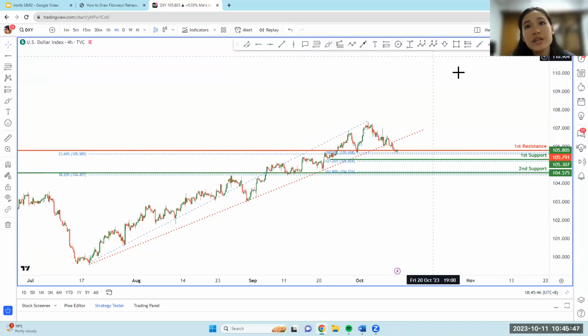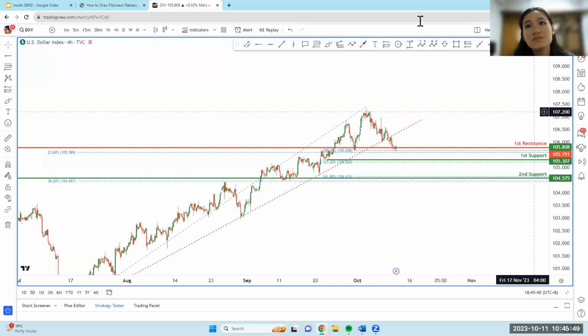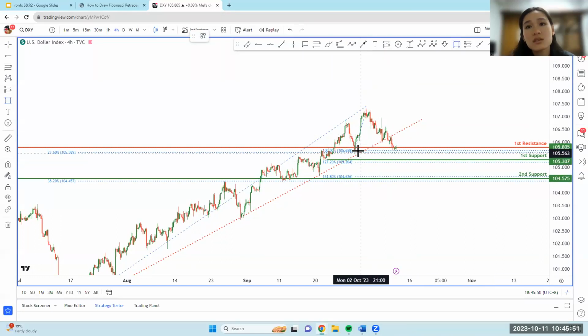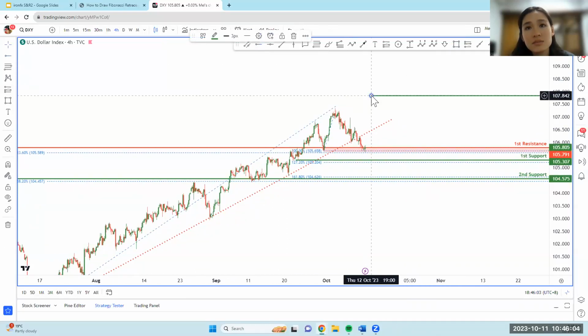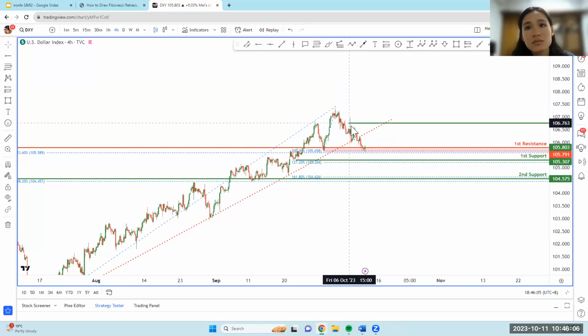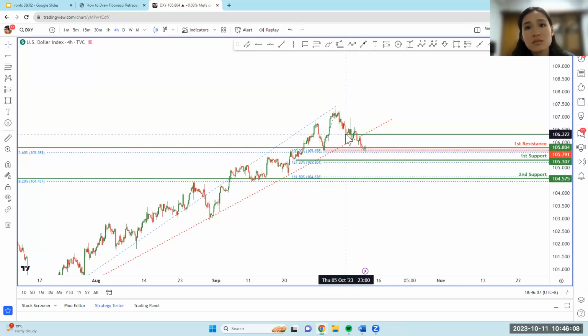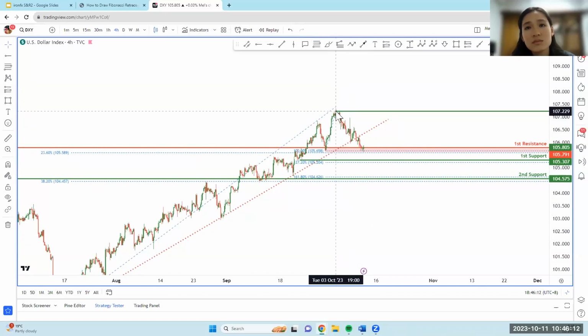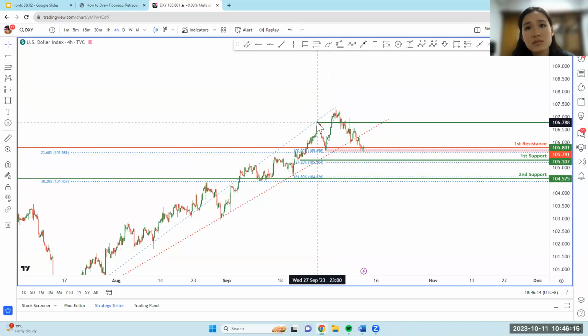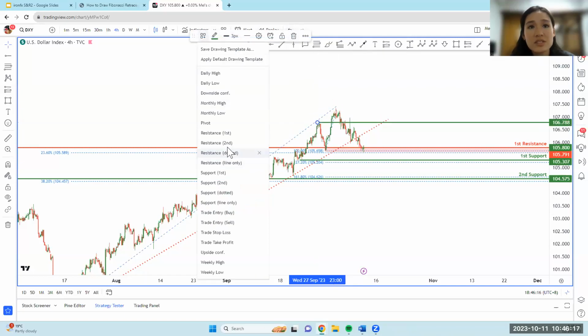Okay, so we already have this confluence area here, which is why we are seeing so much resistance here at this level. Yeah, I'm gonna put my second resistance here as well.